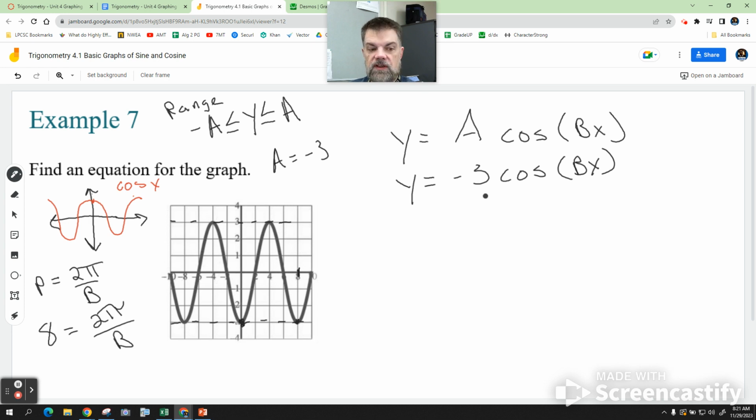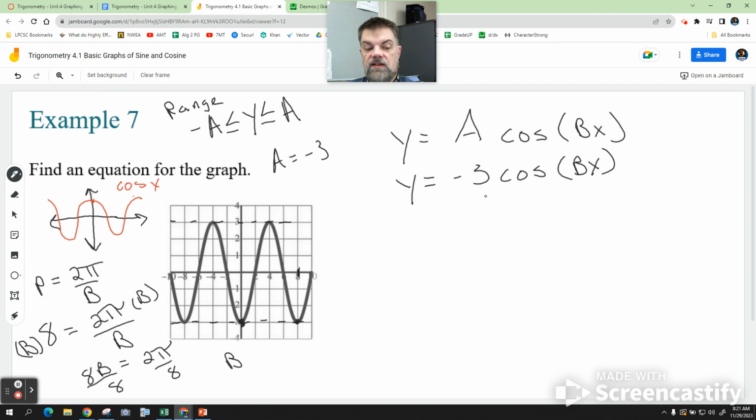b. Now, to solve this algebraically, you have to multiply both sides by b, and you get 8b is equal to 2 pi. Then you divide by 8. And we literally just did this question.